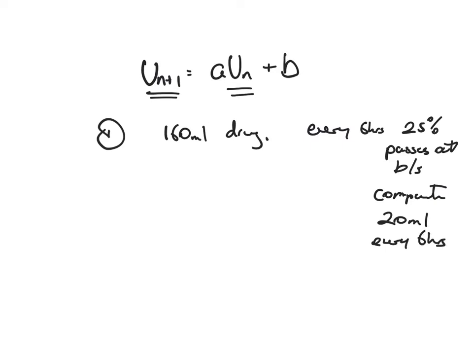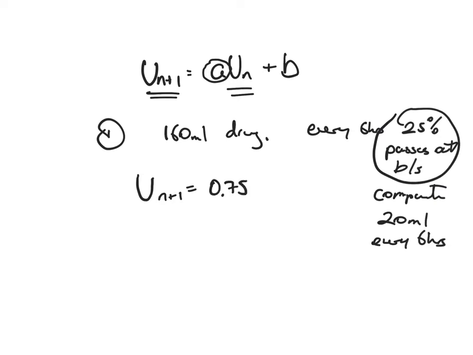Okay, well, first of all, we're going to set up a recurrence relation. So, for the amount of drug that's in the bloodstream, well, 25% passes out. So we're looking to see how much remains. That means that we retain 75%, since we started with 100% and 25% passes out.